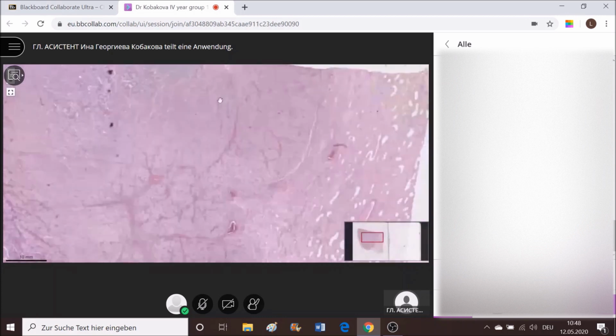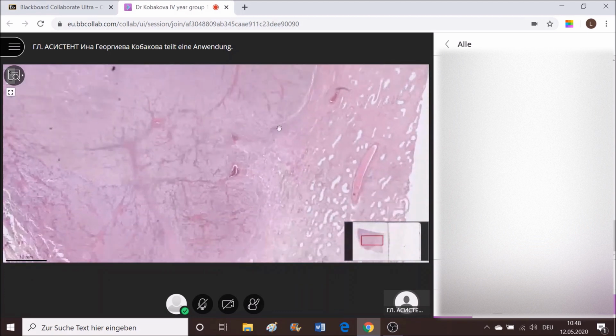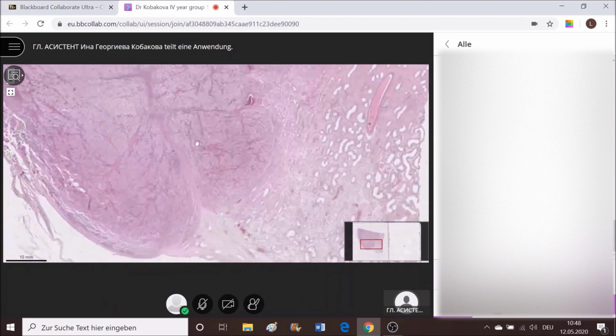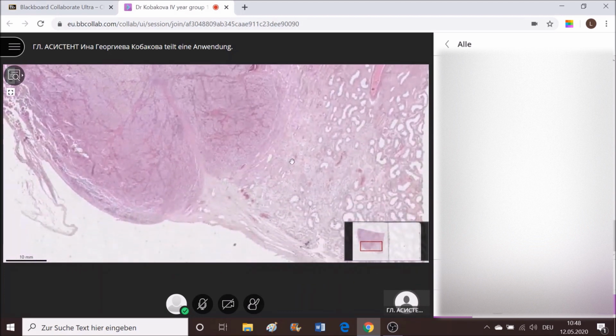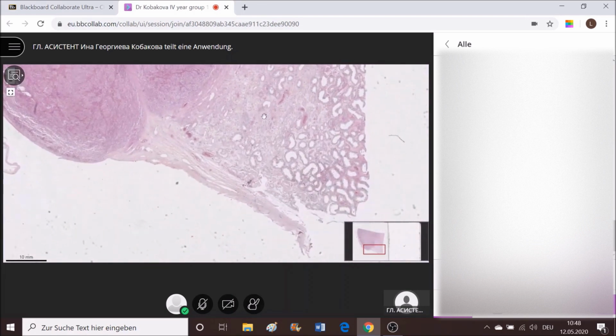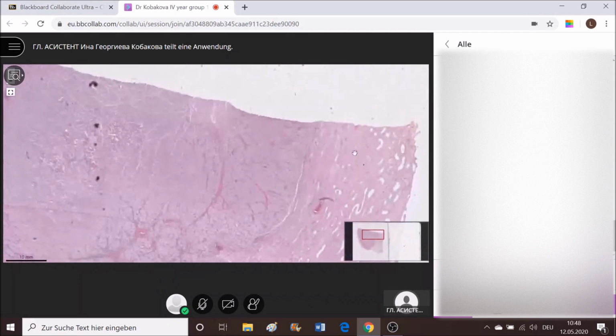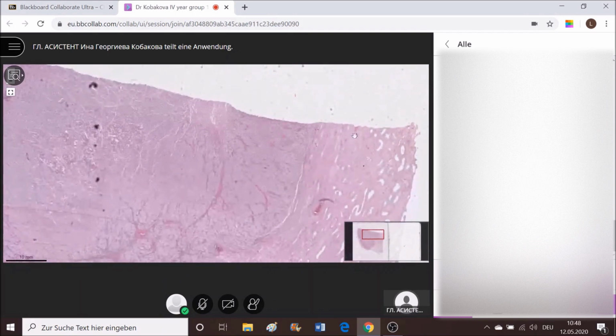It's usually no larger than 3 to 4 centimeters of a tumor. What is important about the staging is whether it's affecting the tubules and the ducts further or the cordon of the testicle, which it's not happening actually here, and whether it's invading the surrounding structures like the scrotum of the testis, which is also not happening here.